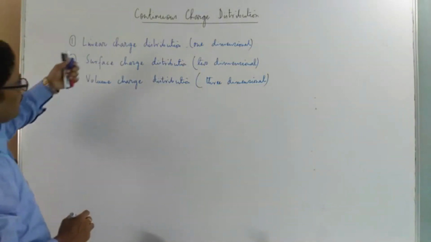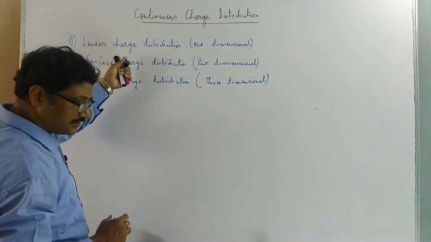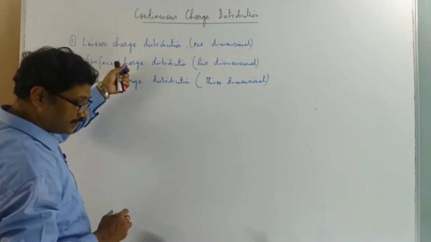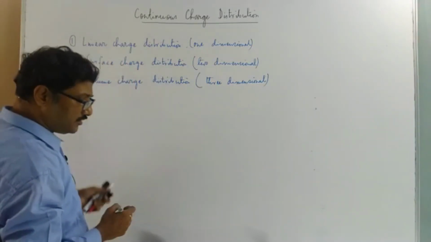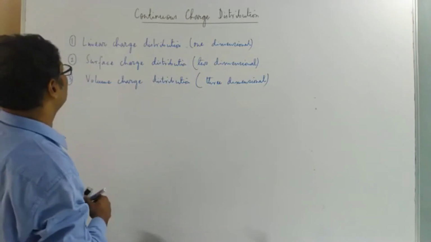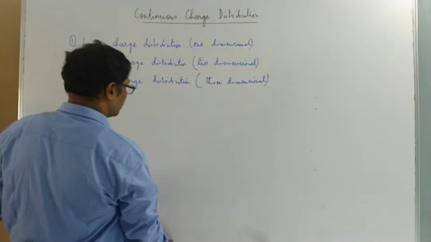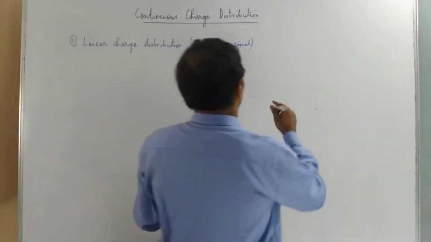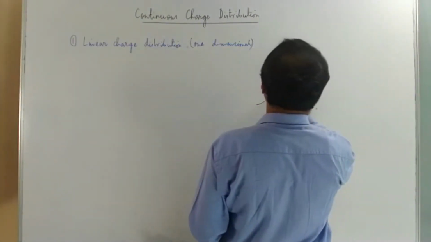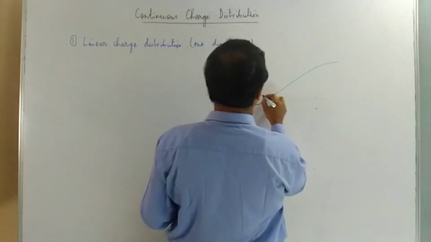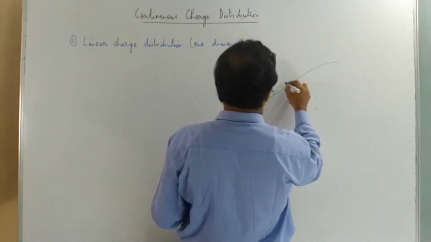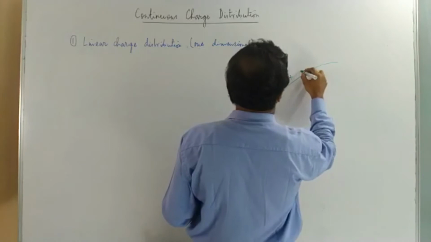So you also have three different charge densities. Okay, we are considering one by one. So let us now first concentrate on linear charge distribution. We may consider a conducting wire over which charge is distributed.